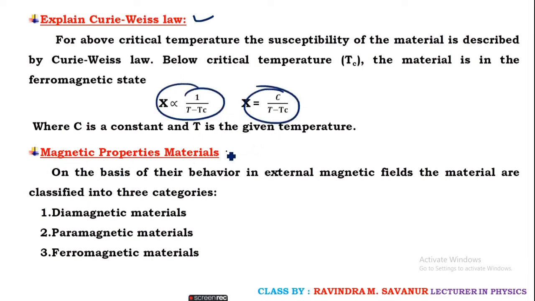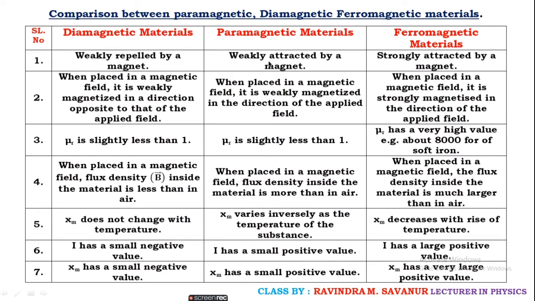Here the magnetic properties of materials depend upon their behavior in external magnetic fields. They are classified into three types: diamagnetic, para and ferro materials. We made a table. It gives the idea about the comparison between para, dia and ferro magnetic. Here diamagnetic material is weakly repelled.